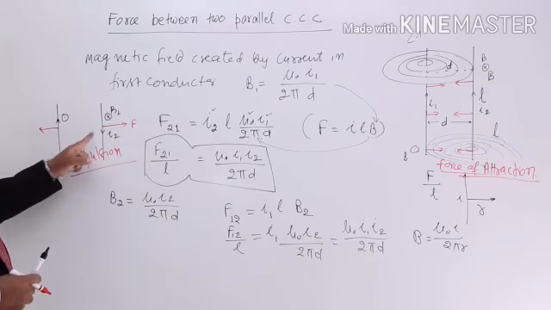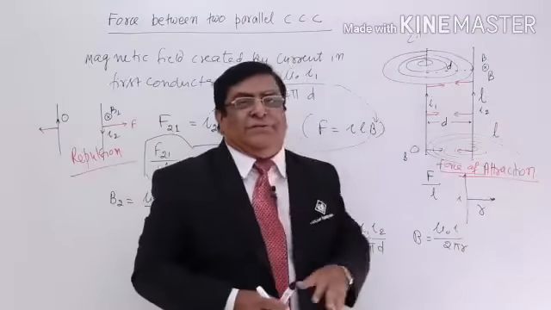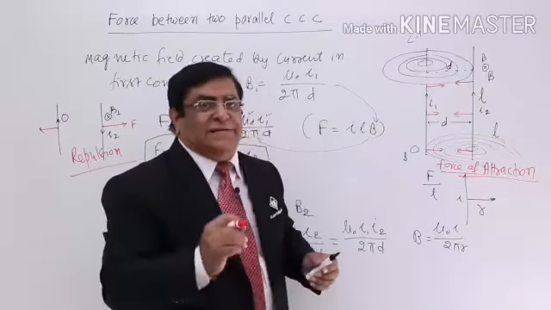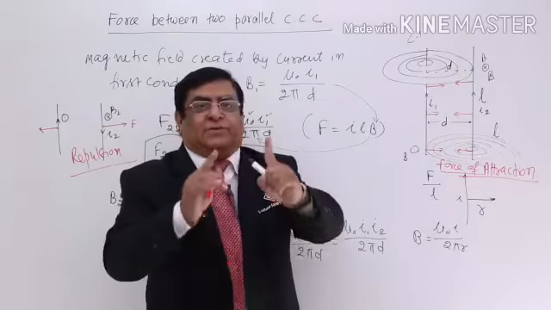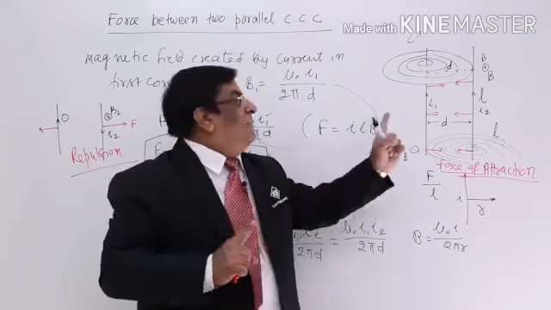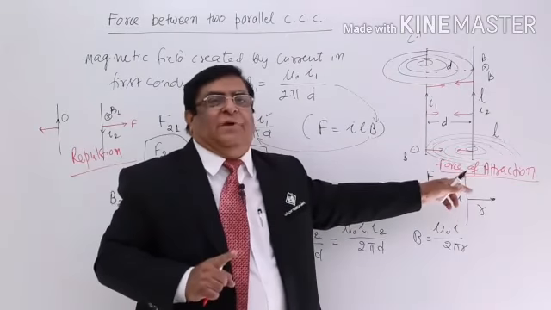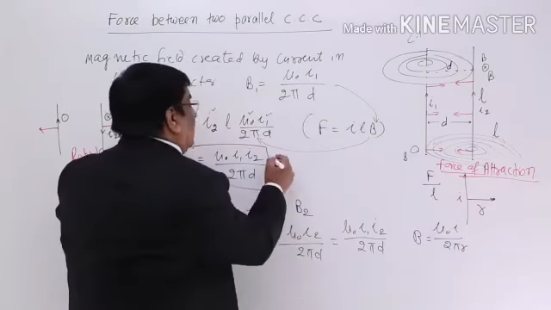Here the current is in opposite directions. Here currents are parallel to each other. So, we will like to write it a rule. If there are two conductors placed parallel to each other and the current is flowing in the same direction, there will be a force of attraction between the two, and that force will be this one.